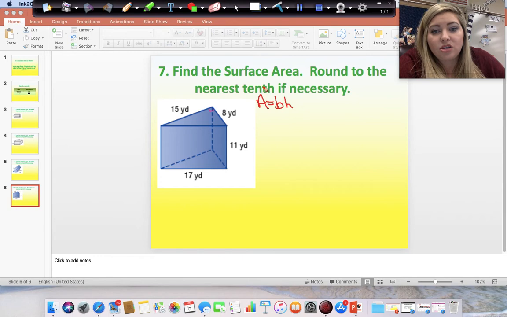Okay, so again, we've got area equals base times height. This represents the two triangles. Two triangles, base times height. So here's my triangle. The base of this triangle is 8, the height is 15. So area equals 15 times 8. Okay, so then I need to do my other 3 rectangles going around the side.